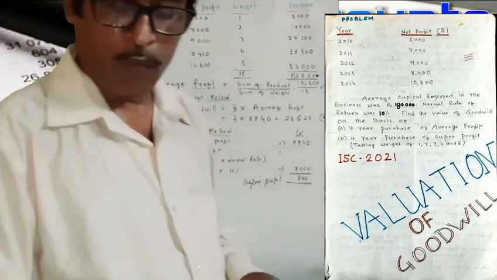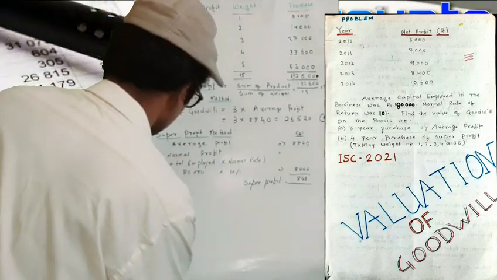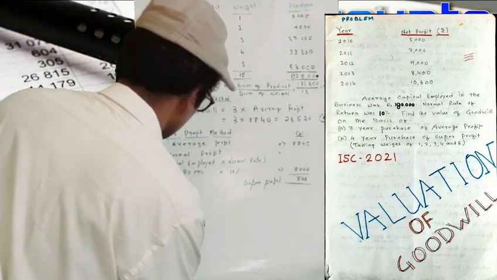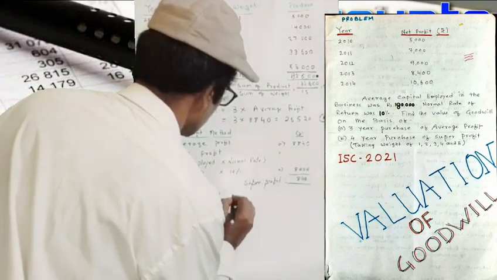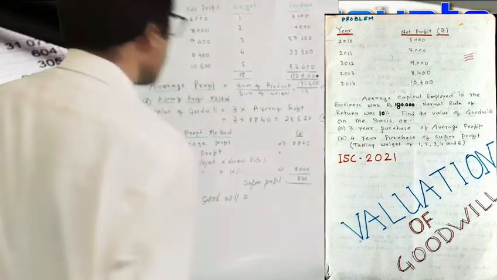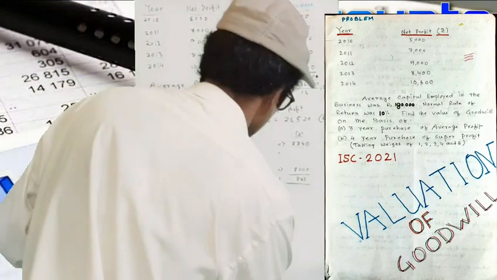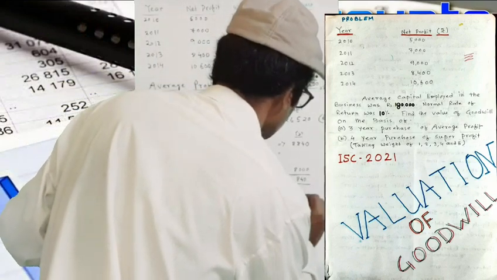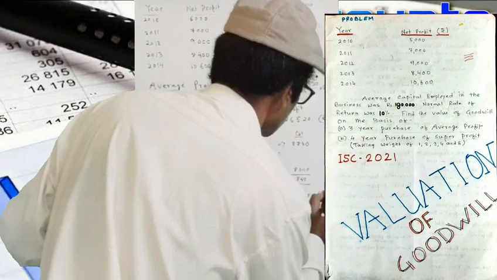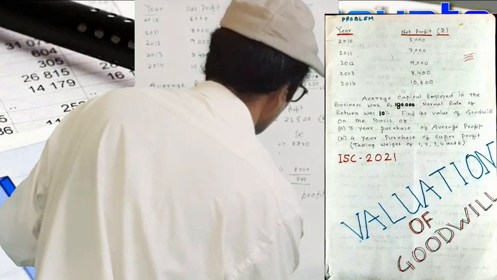Now we have to find the 4-year purchase of super profit. So the value of goodwill equals 4 into super profit, that is 4 into 840.